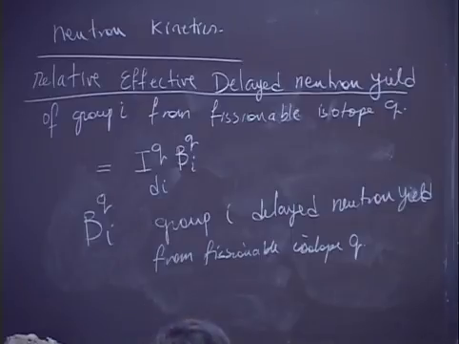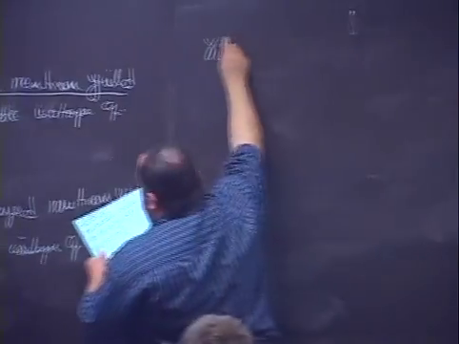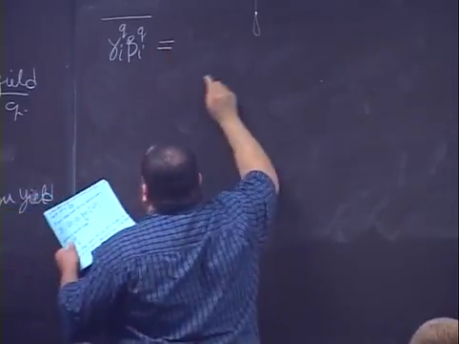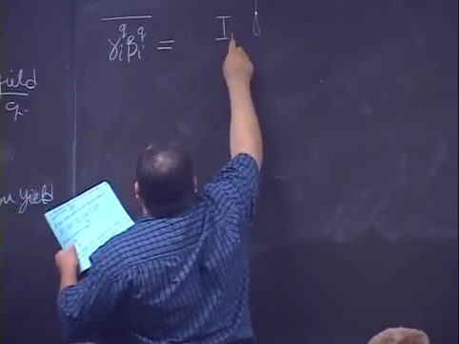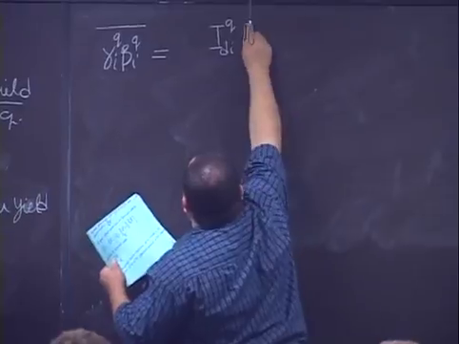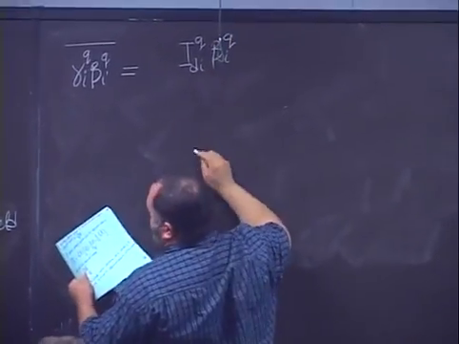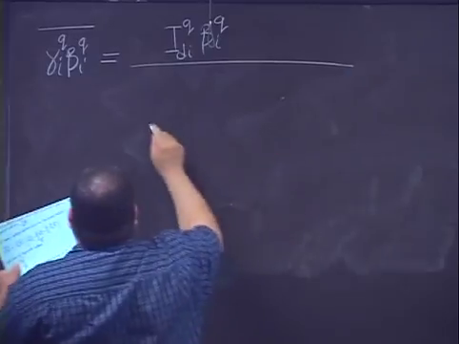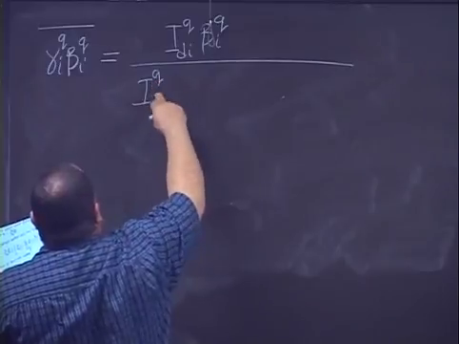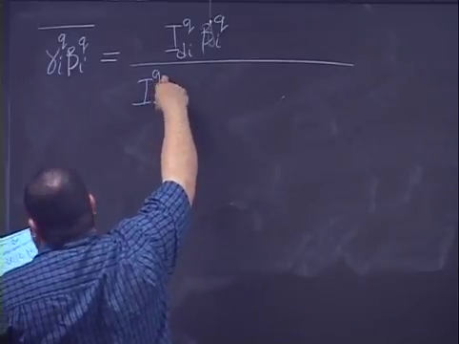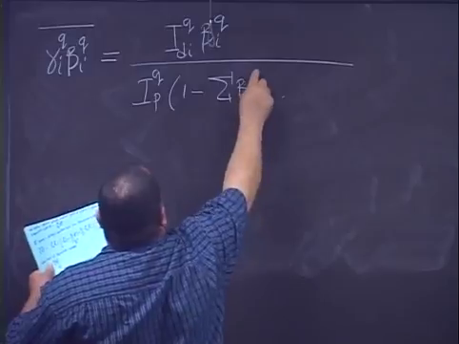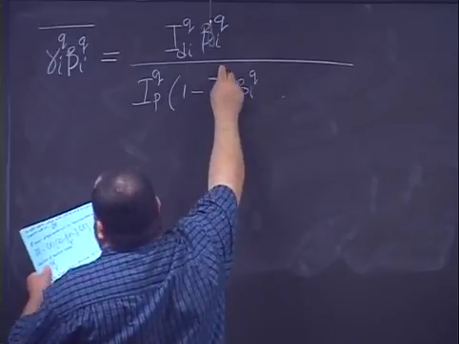So we will define gamma I multiplied by beta I of the isotope Q average as equal to the importance for the delayed neutrons in the group I from the isotope Q multiplied by beta I for the isotope Q, divided by the importance for the prompt neutrons from isotope Q multiplied by 1 minus beta I Q, I equal to 1 to 6.